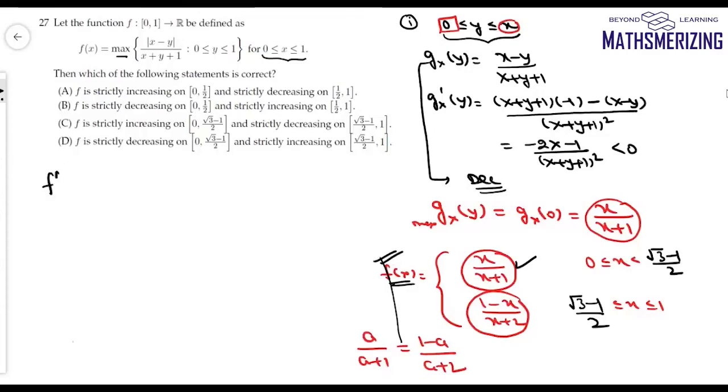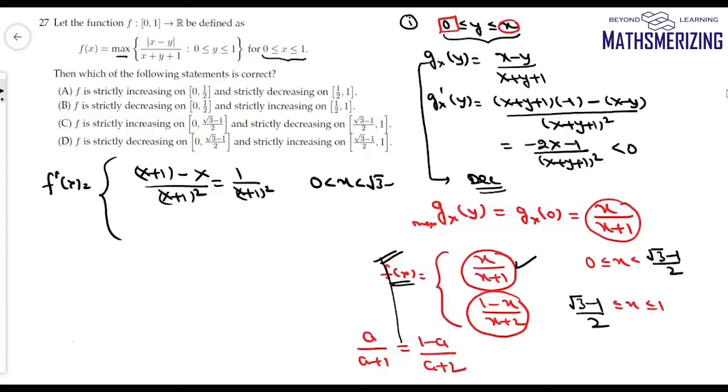If I differentiate this function, I can write f dash x as (x plus 1 minus x) upon (x plus 1) whole square, which is 1 upon (x plus 1) whole square, when x lies between 0 and (root 3 minus 1) by 2.